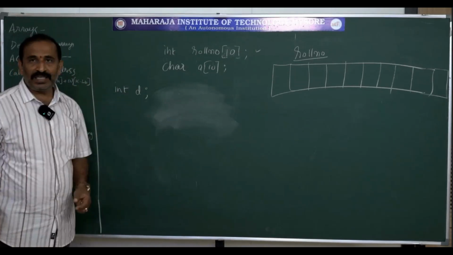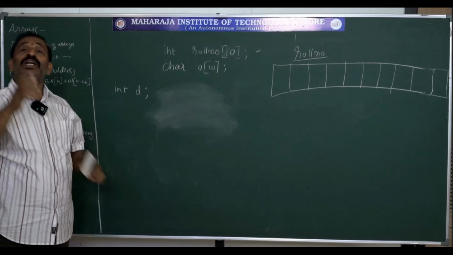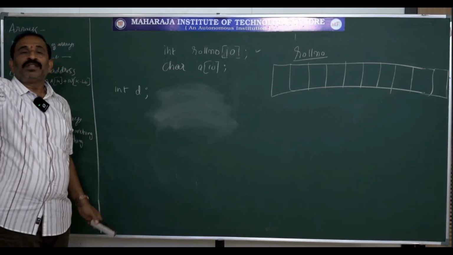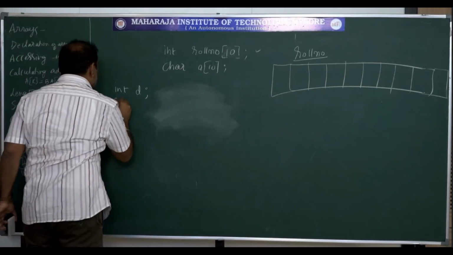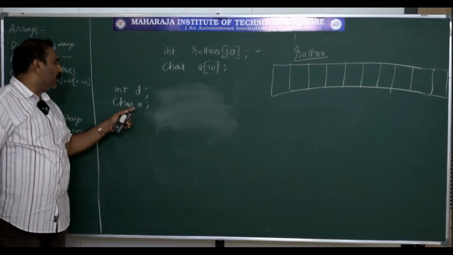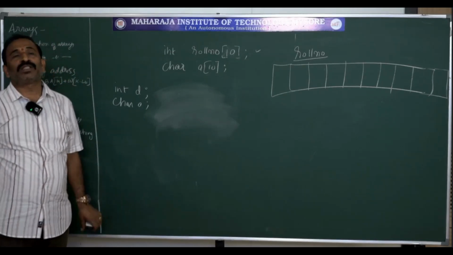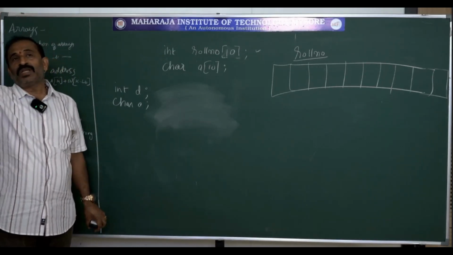Now, when you declare a variable like integer d, 2 bytes of memory are allocated somewhere. Similarly, when I declare character A, 1 byte of memory is allocated at some location. That is the address.